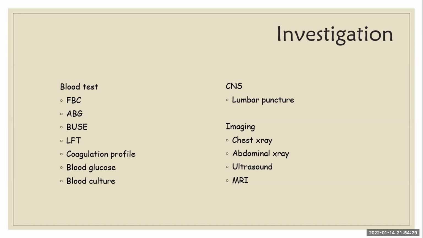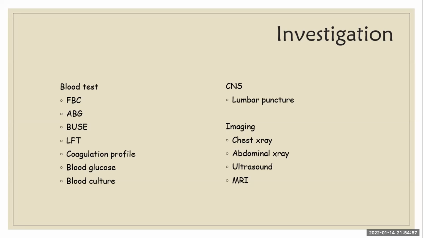And then we can do blood urea and serum electrolytes to test the function of the renal system, and LFT to test the function of the liver, such as in premature infants and also those who have hypoxic ischemic encephalopathy.